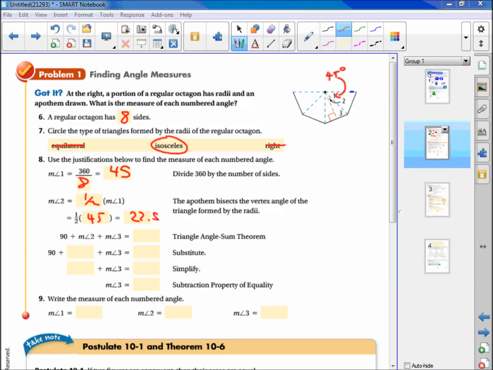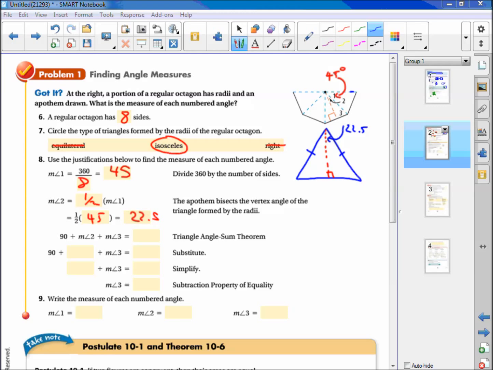All right, so I'm going to draw this out a little bigger here. So here is our isosceles triangle formed by these 2 radii. And here's the apothem that comes down through the middle, and that forms a right angle. So far, we took the 45 that was the whole top of that triangle and cut it in half and made it 22.5.